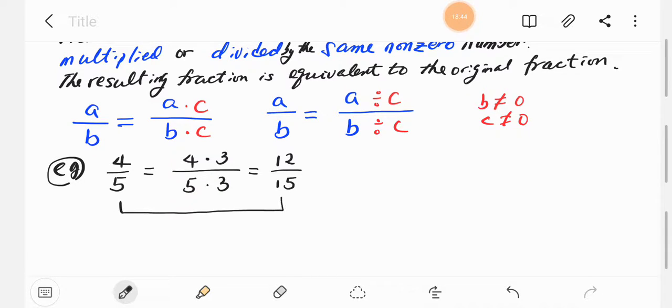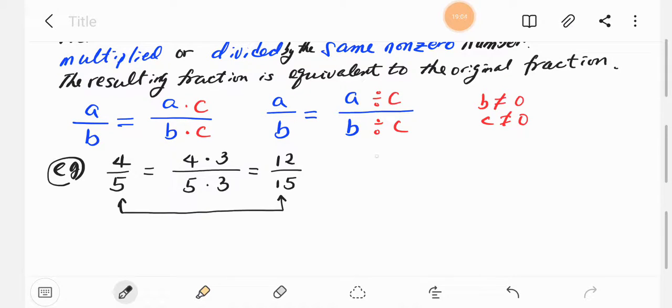So these two are equivalent fractions. The values of the numerator and denominator are not the same, but they are equivalent, because if you reduce 12 over 15, it will become 4 over 5.